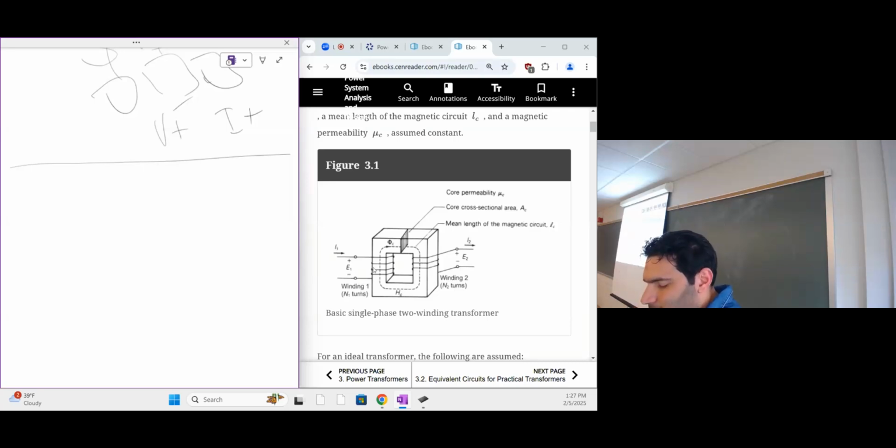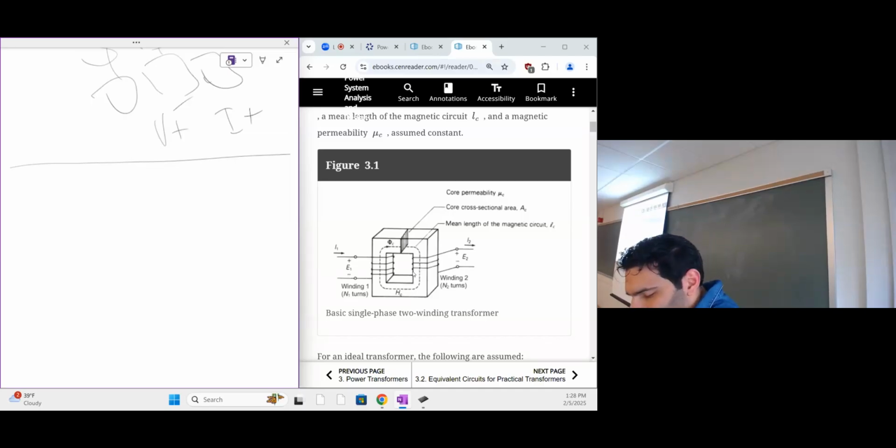Let's say this is a loop of wire connected there. And the secondary, or the second one, is on the winding 2 side, where you see another loop of wire connected there. And this is the magnet core, a square with some hole inside.